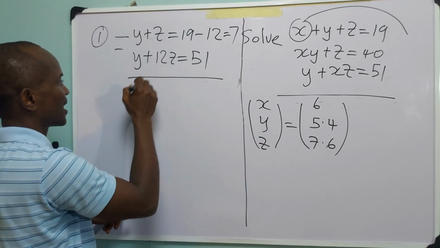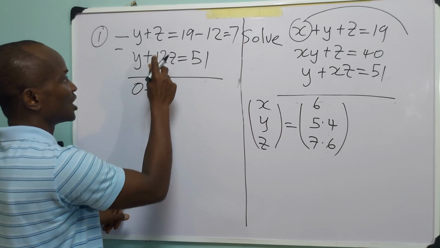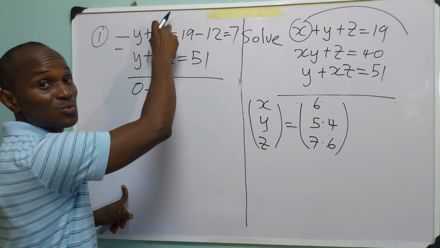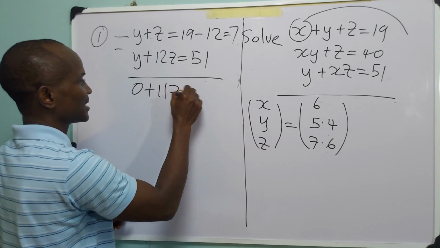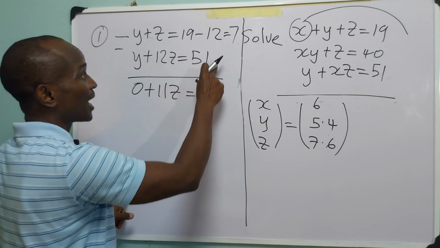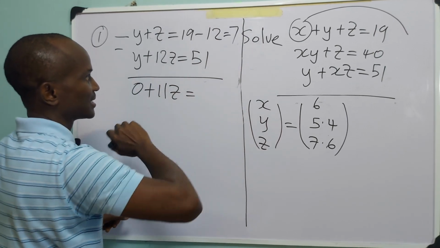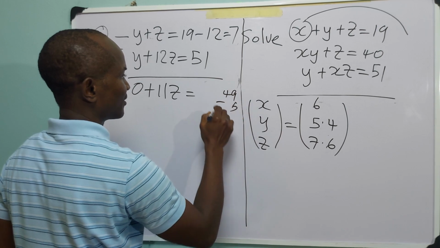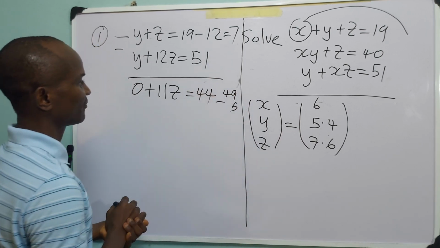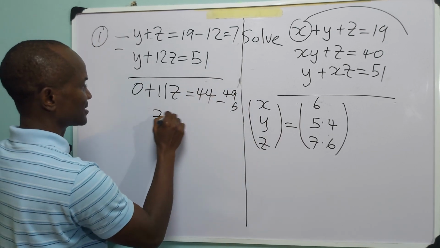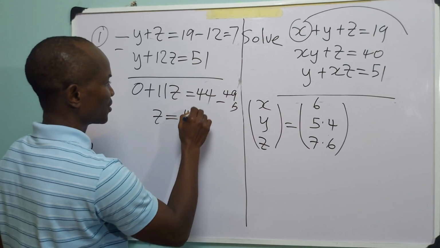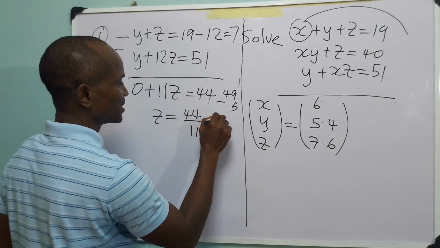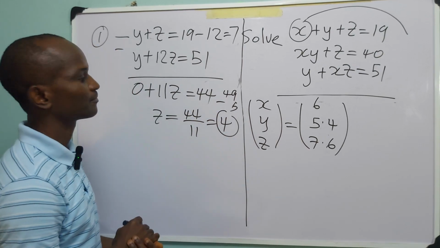Y minus y is 0. 12z minus 1z is 11z. 51 minus 7 is the same as 49 minus 5, and this is 44. So we have that z is equal to 44 over 11, which is equal to 4.